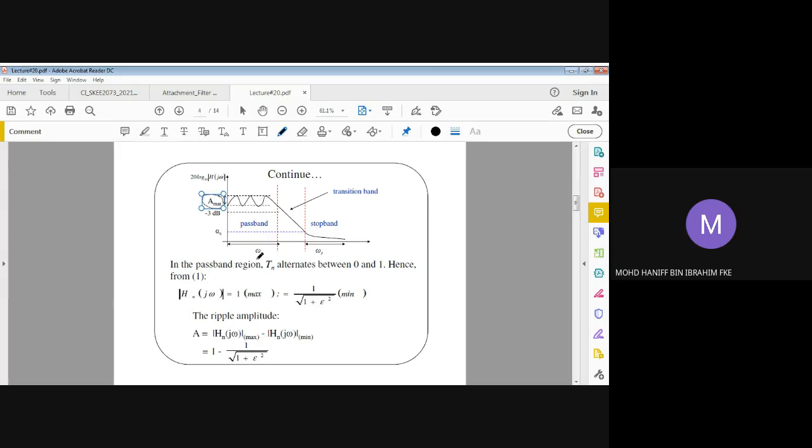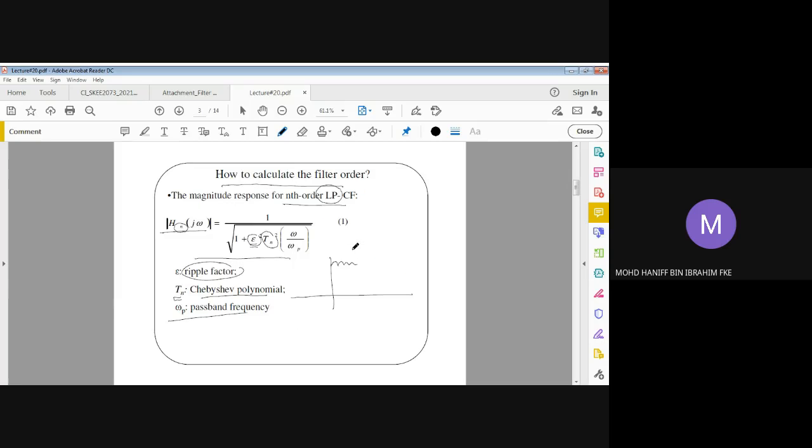Based on the theoretical understanding of the Chebyshev polynomial, Tn will alternate between 0 and 1. This is the numerical value for the Chebyshev polynomial Tn. From equation number 1, Tn has a minimum value of 0 and a maximum value of 1.